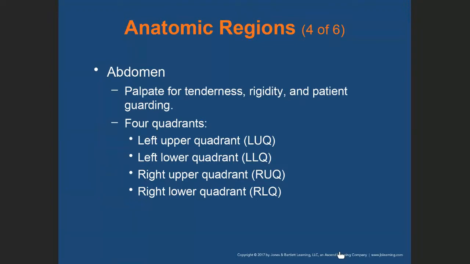We will go quadrant by quadrant, and we always compare left to right. So it's always bilateral. It's not left upper quadrant and then left lower quadrant. It's left upper quadrant, right upper quadrant. So you always compare left to right.